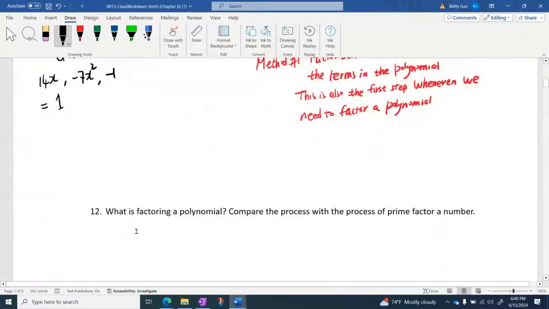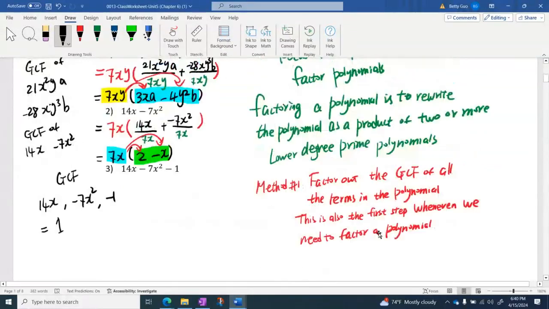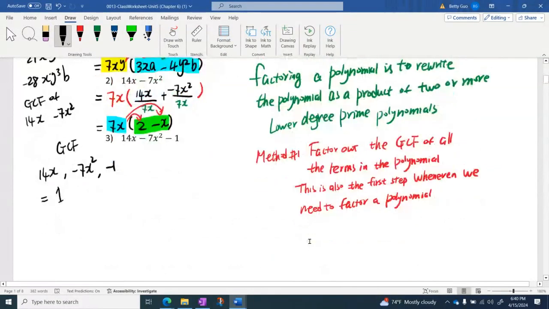And question number 12 on my worksheet. What is factoring a polynomial? Compare the process with the process of prime factoring a number. The two processes are so close. So I'm going to write both processes and we compare.